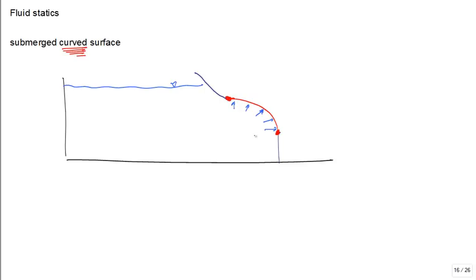To solve this problem, maybe you want to ask, what is the resultant force? I would do that as a vector sum: a resultant force component in the x and a resultant force component in the y for this problem, acting on this surface, F of Rx and F of Ry, pushing it.